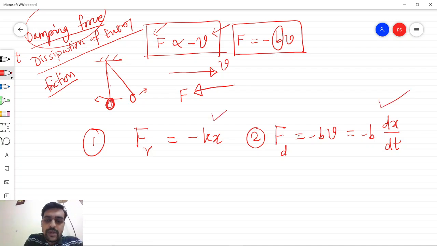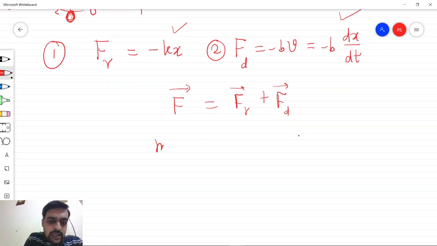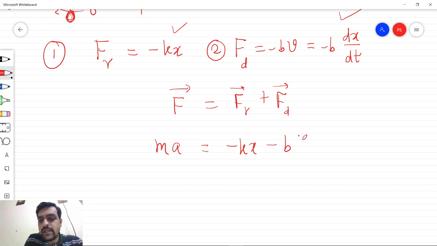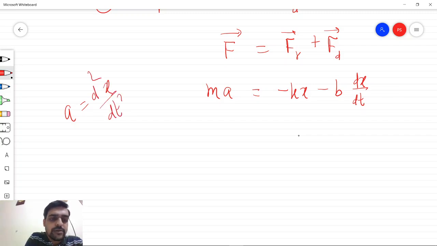So if we apply Newton's law, it says that F is Fr plus Fd, that is, m times a is minus kx minus b dx by dt. Now we must remember that this acceleration is the second order derivative of x with respect to t.